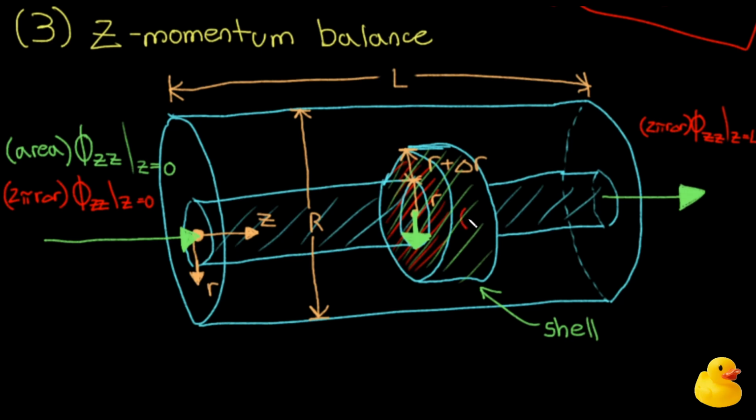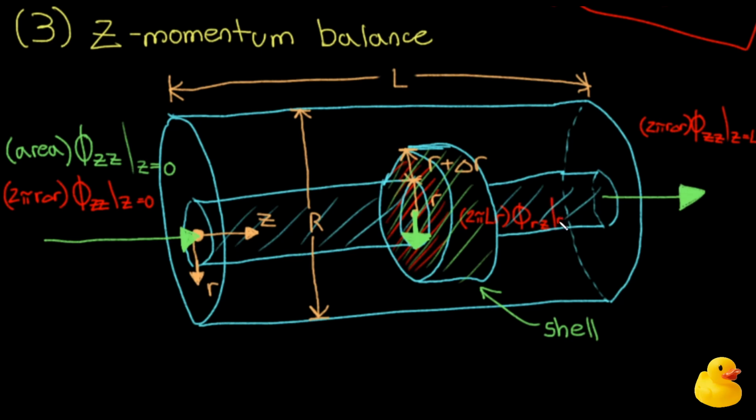In this case, the area is going to be the surface area of the cylinder. So we have 2 pi L r, and that's going to then be multiplied by phi, but this time the momentum is moving in the r direction, so the first subscript is r, but the fluid's still moving in the z direction, so rz.